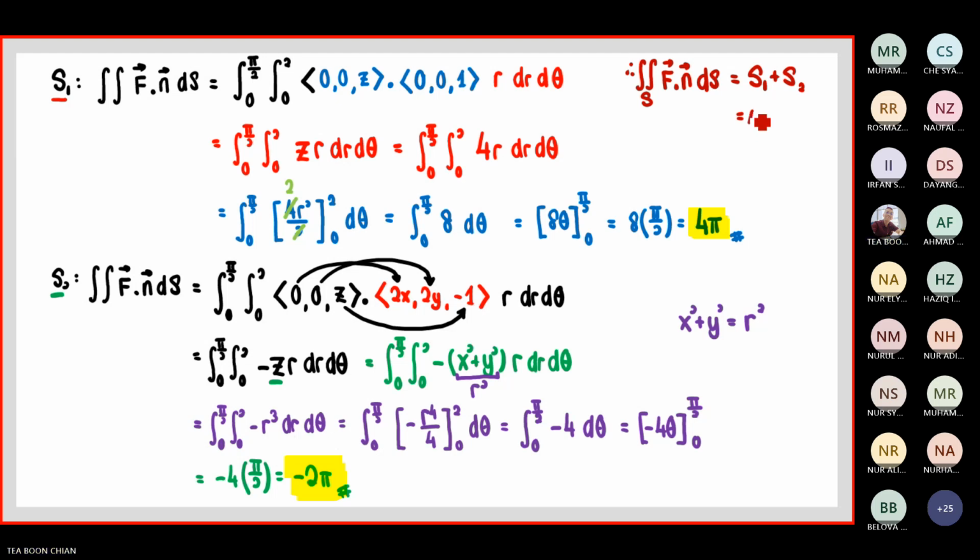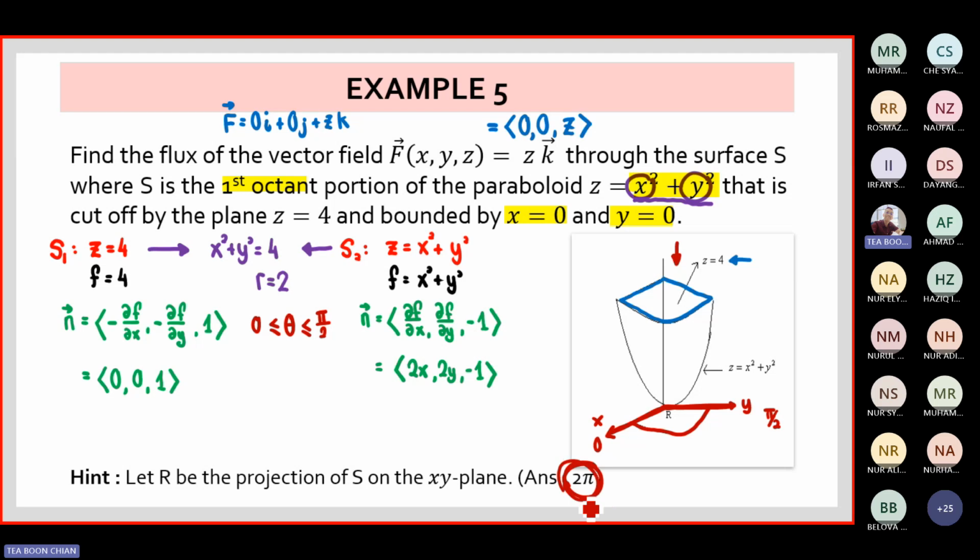So here, 4 pi plus negative 2 pi, you have resultant flux, positive 2 pi. Okay, let me flip the slide back a bit. That's why in the last here, you know that the answer is given by 2 pi, exactly the same.